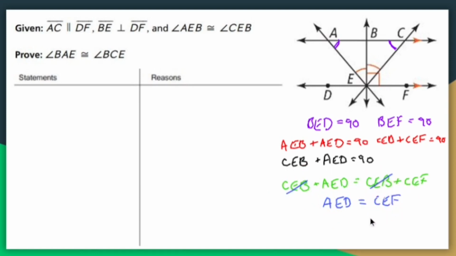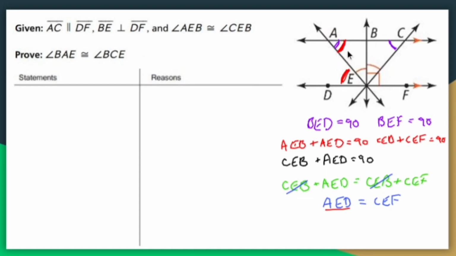Now, this is terrific news because AED is this guy right here, which is congruent to BAE. Okay, they want me to use BAE, not CAE. Annoying, but that's what they want me to do.